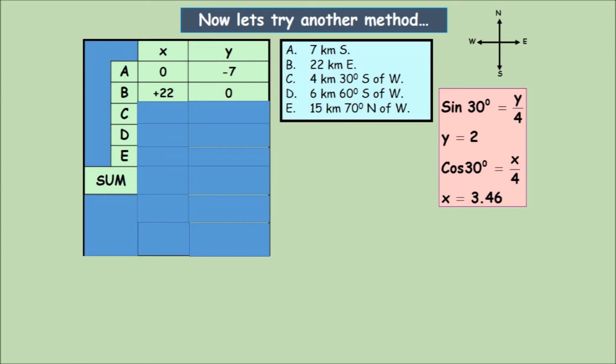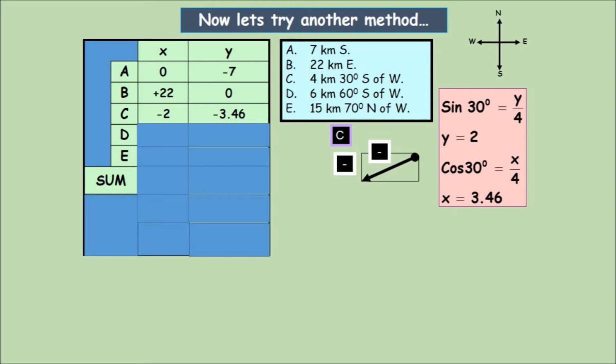But I've got to analyze where it is. It's going to be south of west, so it's going to be negative and negative. You have to be able to analyze where the vector actually is in the Cartesian coordinate system. So what you would do is put in -2 and -3.46. Same is true.